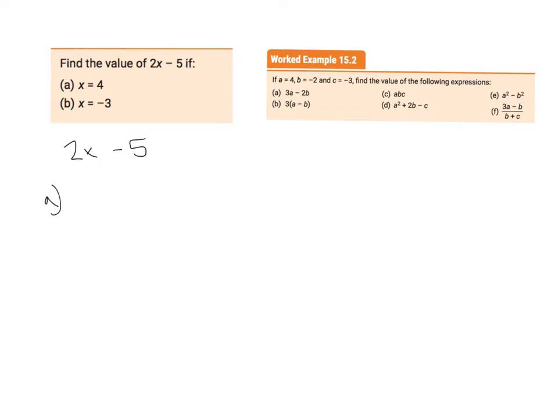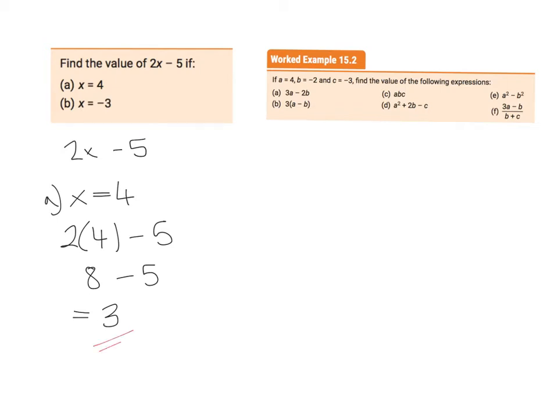For part A, we're saying that x is equal to 4. So we'll end up with 2, and instead of an x, we're putting in a 4, and then minus 5. Brackets mean multiplication, so 2 times 4 is going to give us 8. 8 minus 5, and our answer then is 3. So that's the value. That's our answer for that one.